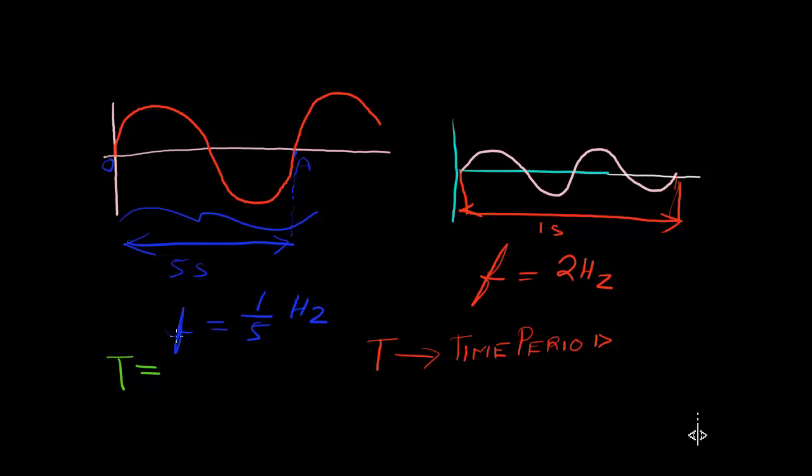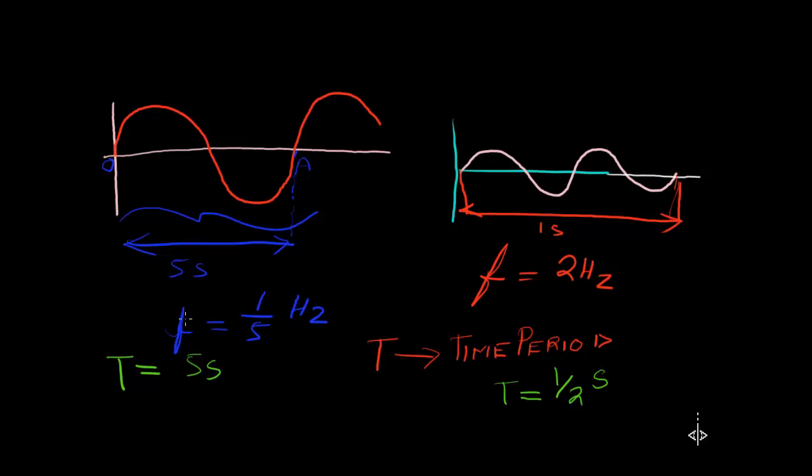It is 5 seconds. Since the time period is a measurement of time, the SI unit for time period is second. Now in this case we see that 2 complete cycles have been made in 1 second. So what is the time for one complete cycle? Of course, half. So here time period is equal to 0.5 second.